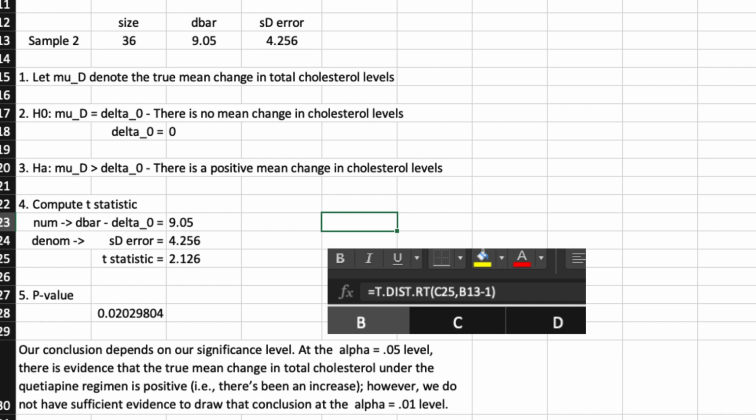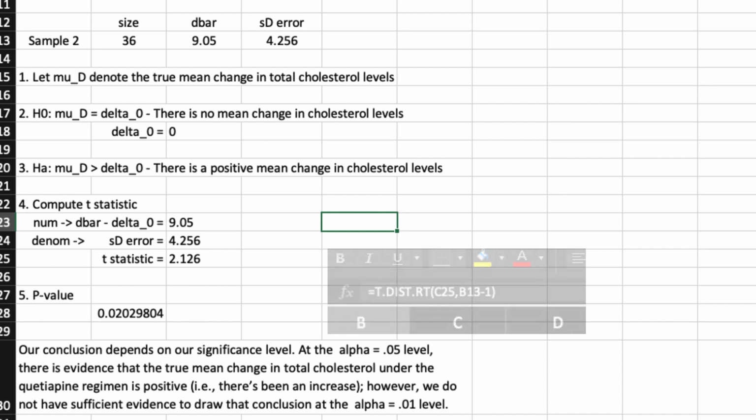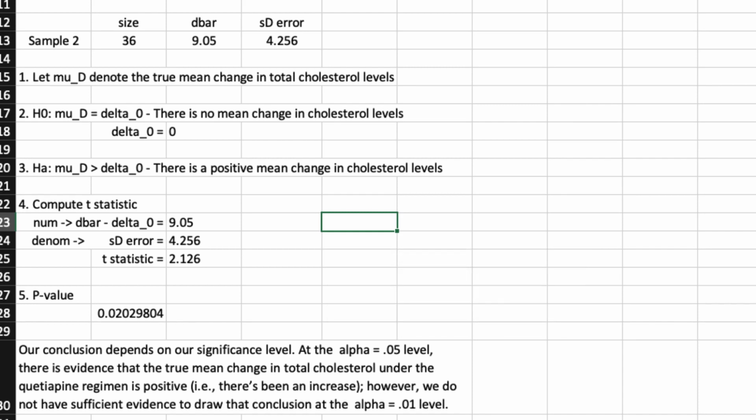0.020. And so now, clearly, our conclusion depends on our significance level, and we can say that at alpha equals 0.05, there is evidence that the true mean change in total cholesterol under the quetiapine regimen is positive.